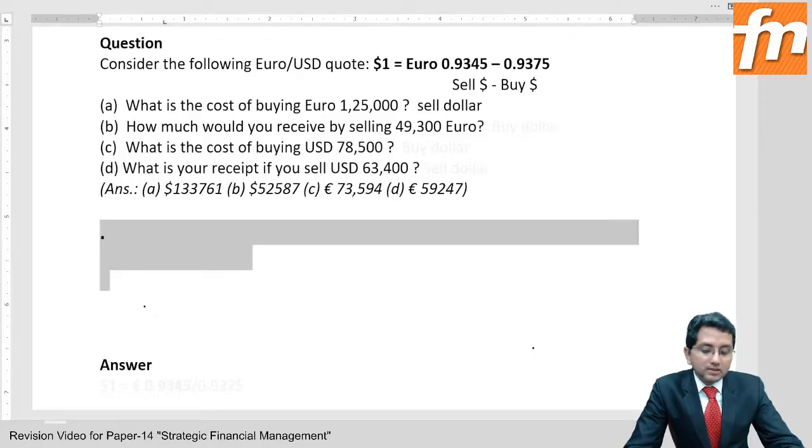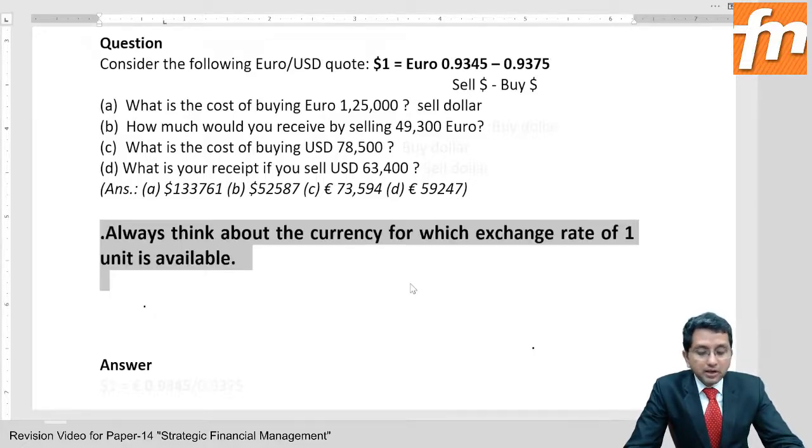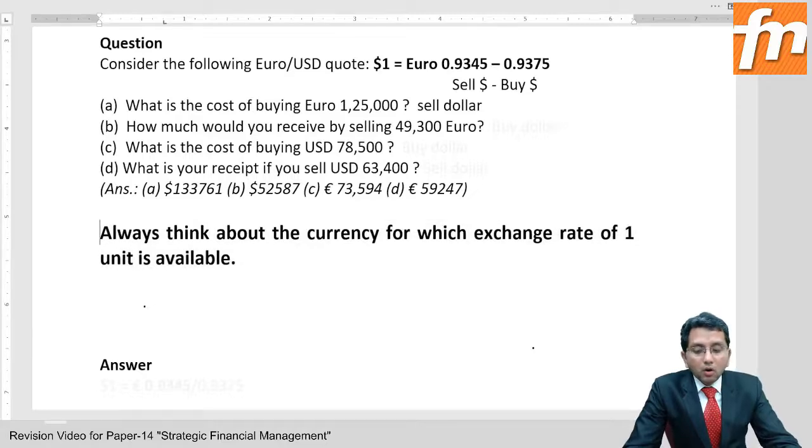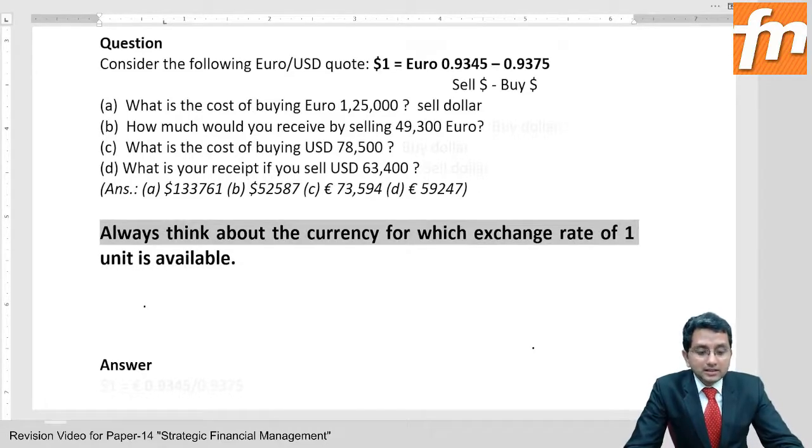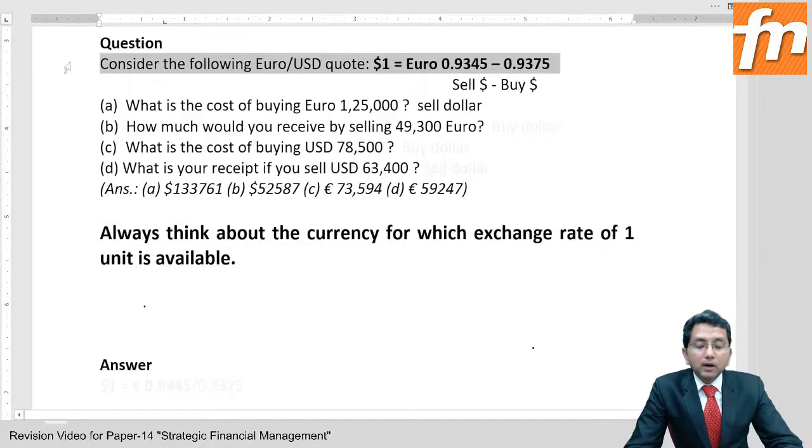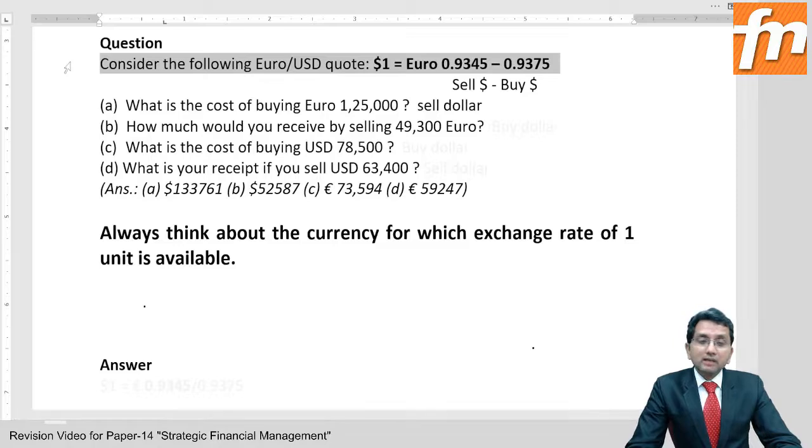I'll give you one simple, very important tip over here. Always think about the currency for which exchange rate of 1 unit is available. So don't think about buying or selling euro in this question. It will always be easy to think about buying or selling dollar.